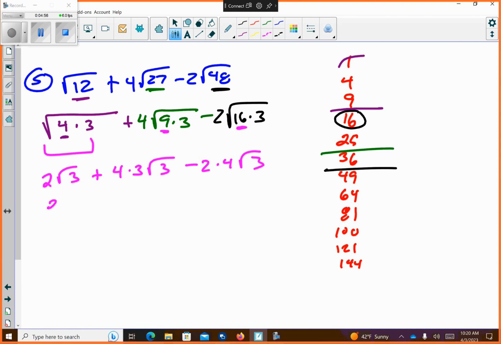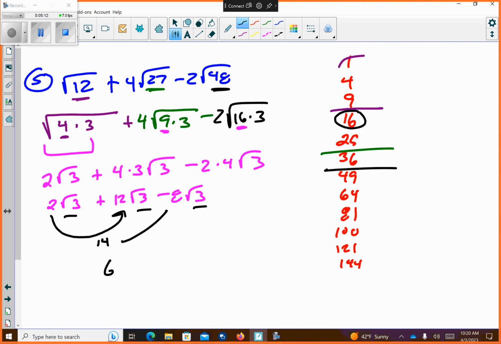Clean it up. So we get that. All my radicals are the same, so we can add and subtract. So 2 plus 12 is 14. 14 minus 8 is 6. The root 3 comes along for the ride. It doesn't change. That's a good one.